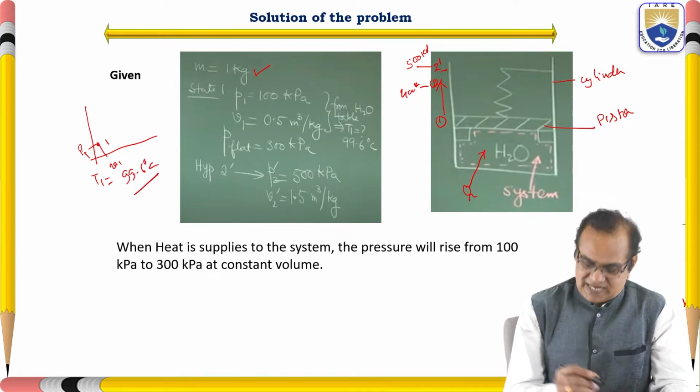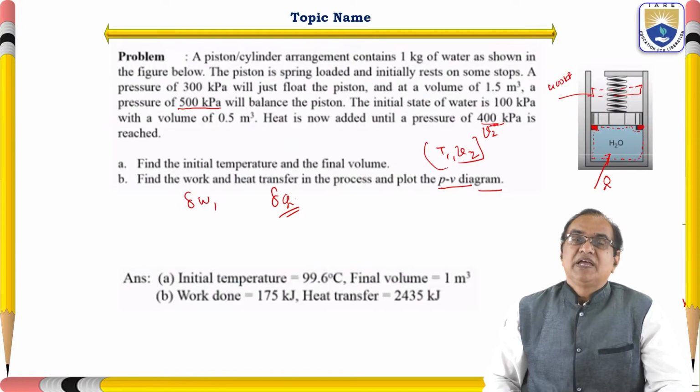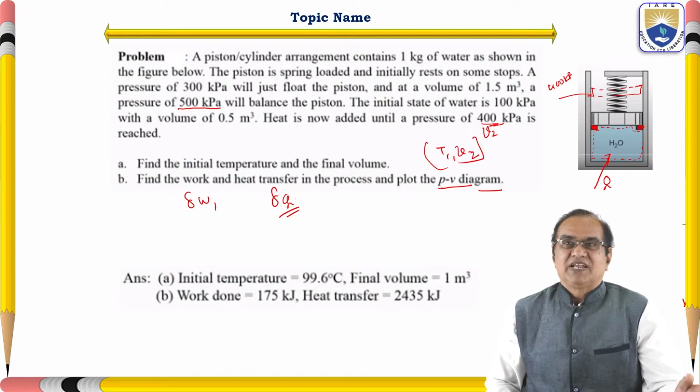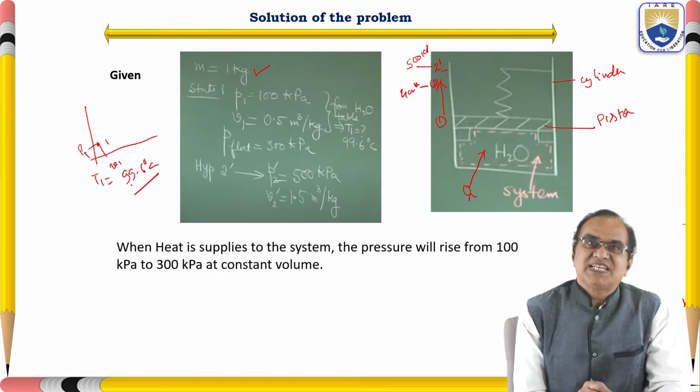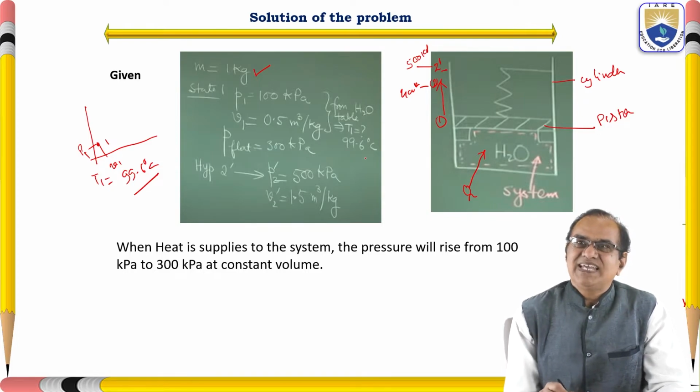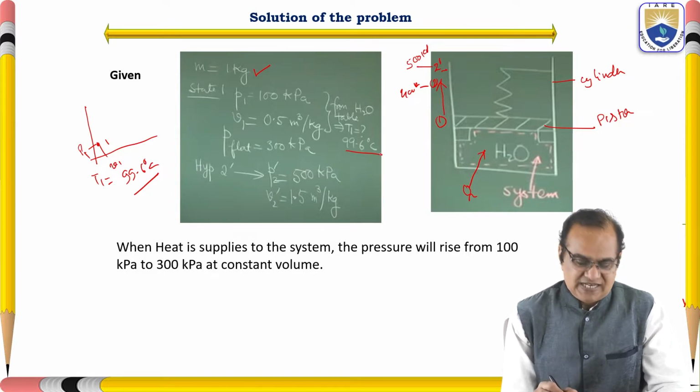So the first answer, find the initial temperature. We got the initial temperature, and initial temperature is 99.6 degree centigrade. And from the water table, we can get this 99.6 degree centigrade.